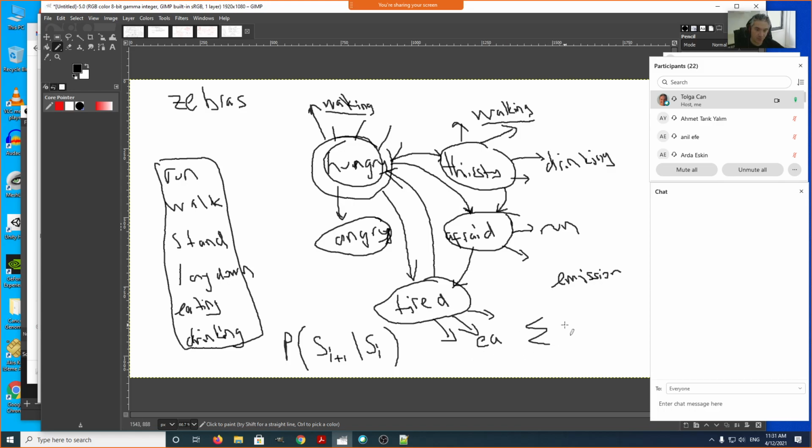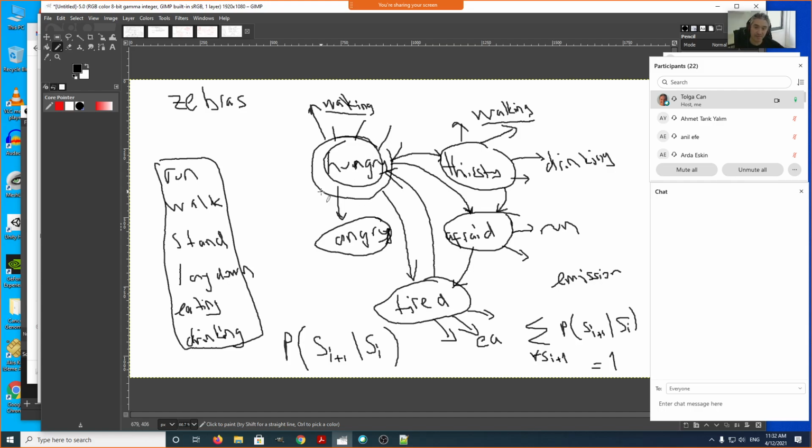And this, summed over all possible states S(i+1), is equal to 1. So it's a probability mass function, meaning that we have to be at some state.